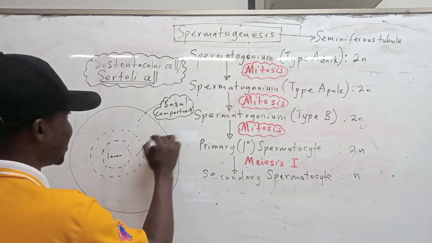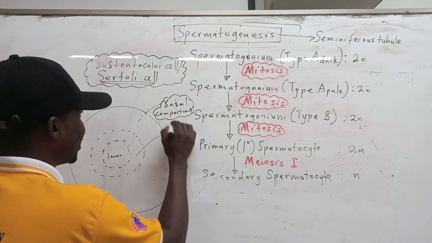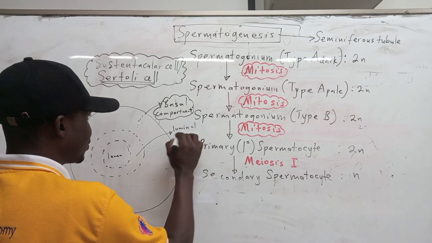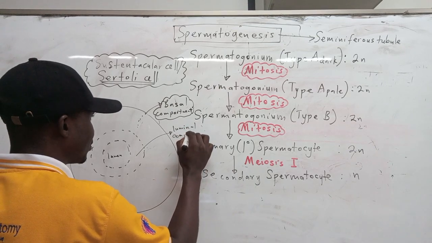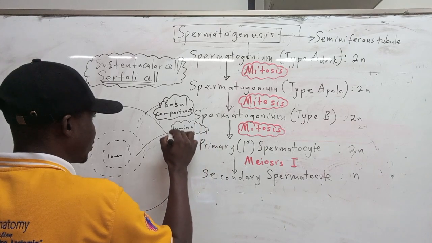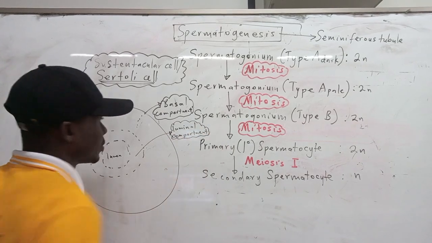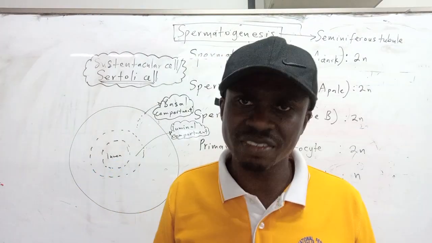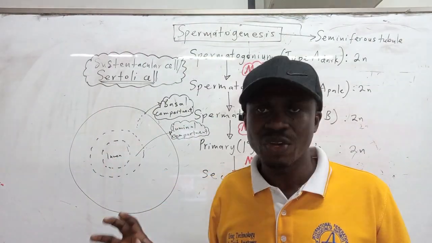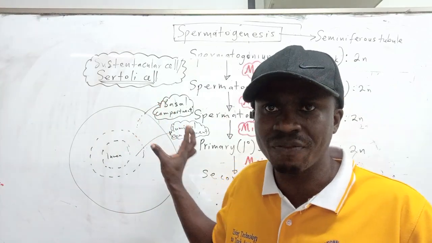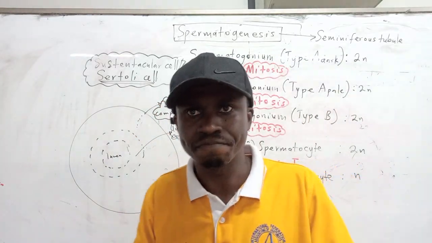So I have another compartment here, I call it luminal. So in the seminiferous tubule, where spermatogenesis is taking place, we have the basal compartment and the luminal compartment.